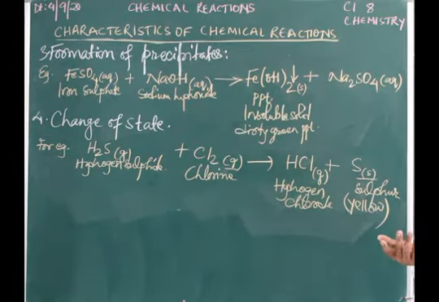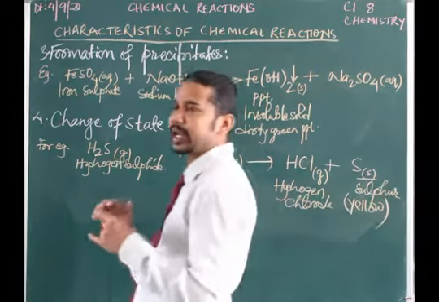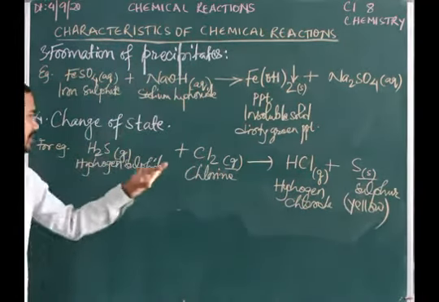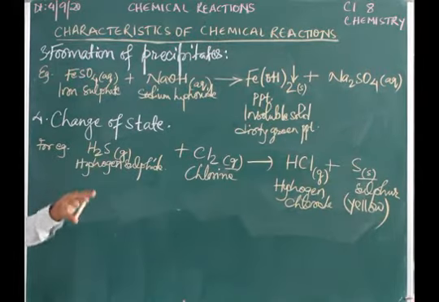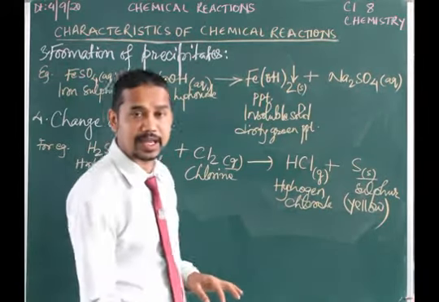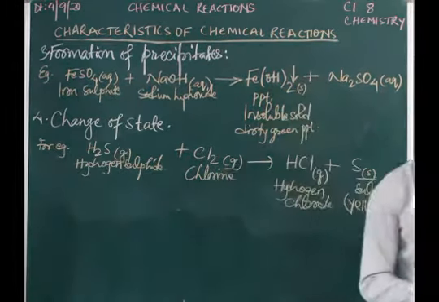But in the case of water converting to ice, the color doesn't change. Here it is changing. That means the change of state is associated with entirely different properties than those of the reactants. That's why it is a chemical change or chemical reaction.